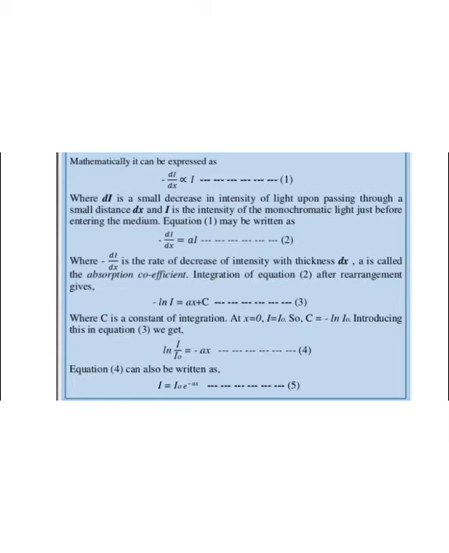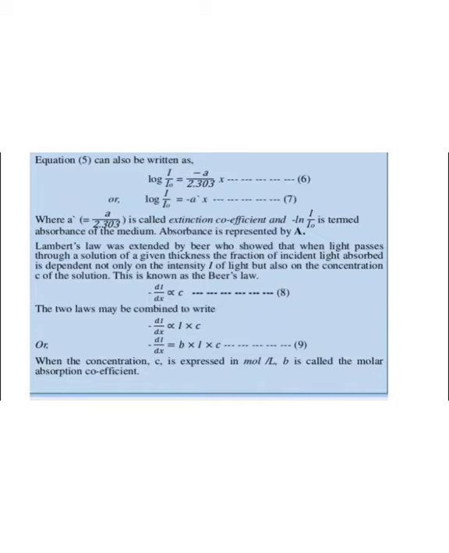Equation 4 can also be written in exponential form, which is equation 5. It can also be written in log form: converting ln to log base 10, ln is equal to 2.303 log10, so log I upon I0 is equal to minus a upon 2.303 into x.